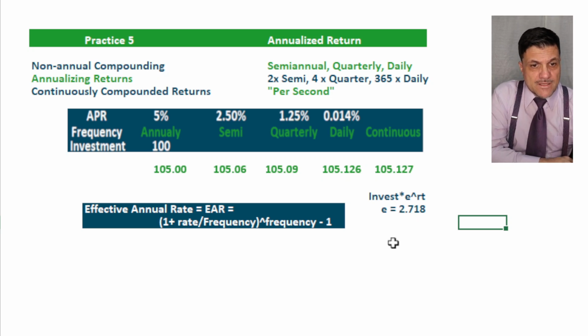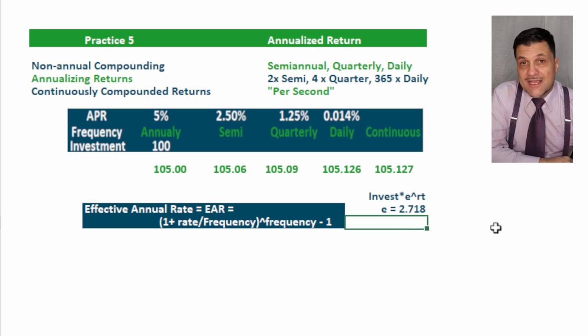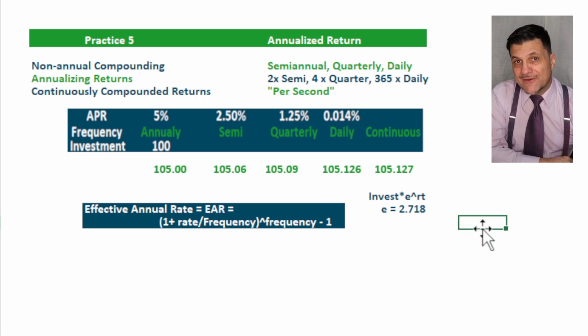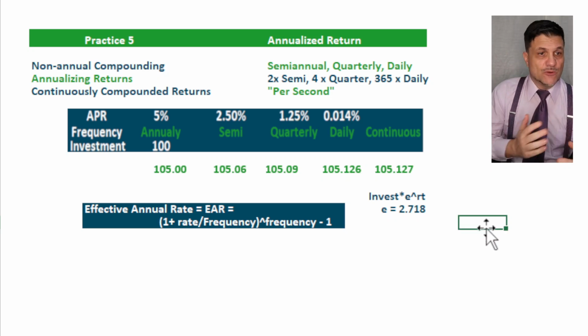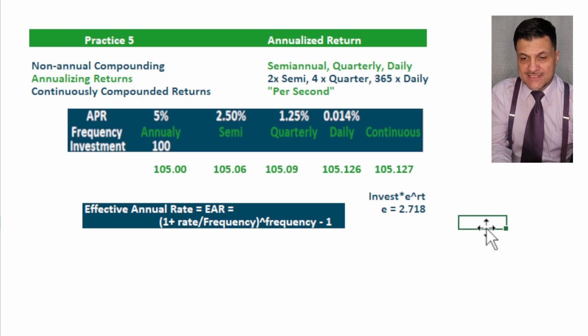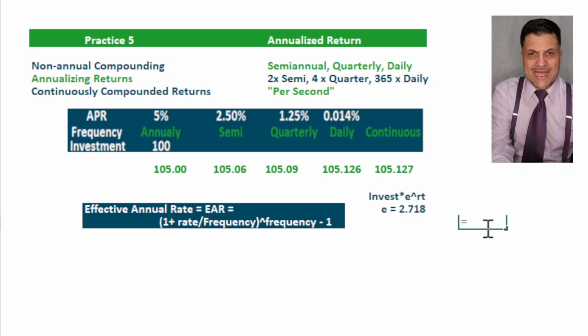All right, good. Or think about continuous compounding as per second. So what I do is this: I think how many seconds I'm going to have in 1 year.